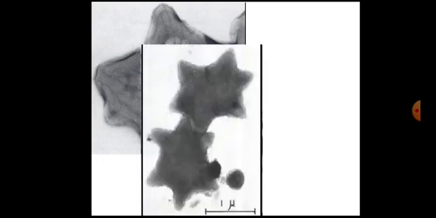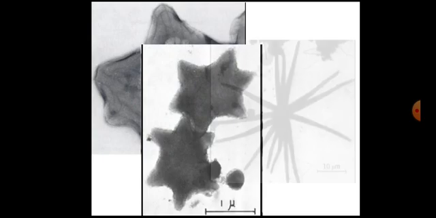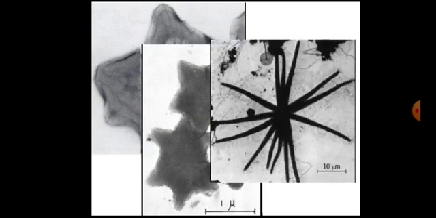This is another figure of that organism, and this is one more variety of star-shaped bacterium which has tentacles like this. All these are microscopic images. You can see that this star-shaped bacterium has a size of approximately 30 micrometers due to the presence of these tentacles.